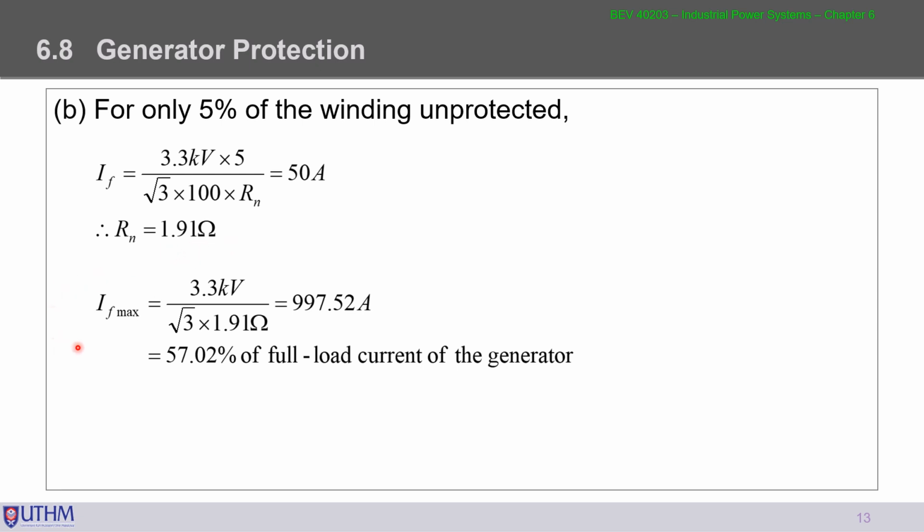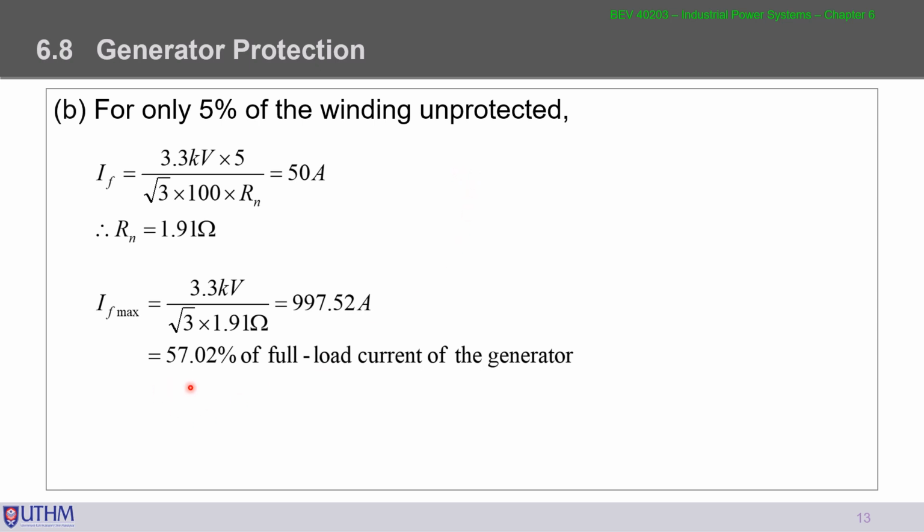Then we have to calculate the IF maximum by inserting the new Rn of 1.91 ohm. We get IF max of 997.5 A. As we know, this current is much higher than the case in A, and when the current flowing to the ground is higher, the unprotected winding must be less.